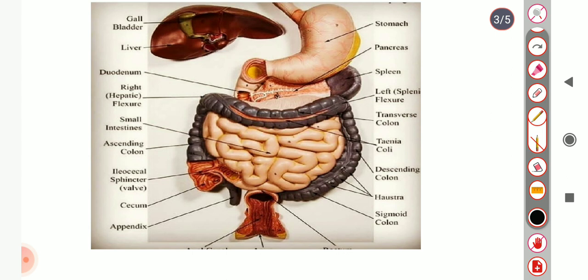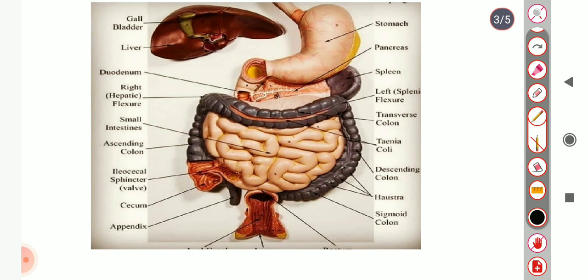It secretes the protein enzymes pepsinogen and rennin, and it also secretes the hormone gastrin. Fats and proteins are partially digested in the stomach.